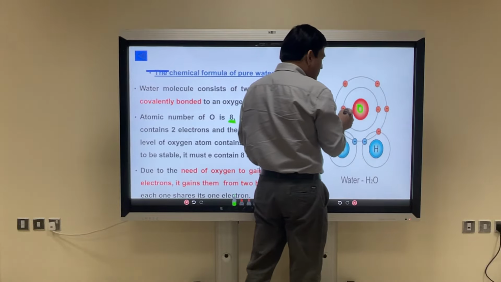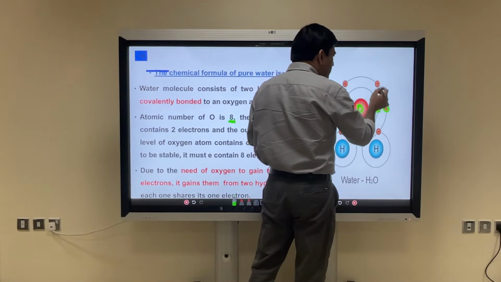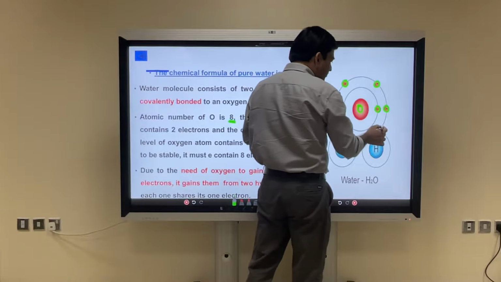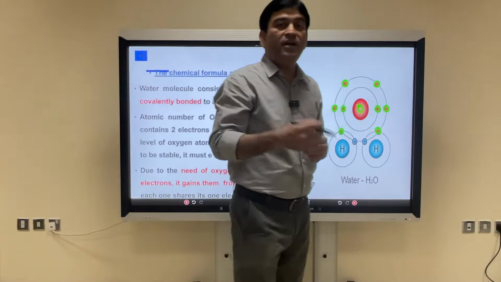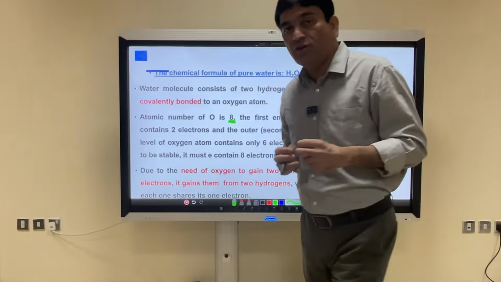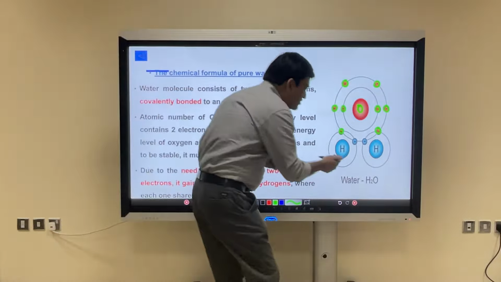Now it has 6 electrons, but it should have 8. So there is a deficiency of 2 electrons. Now there are 2 hydrogens over here.